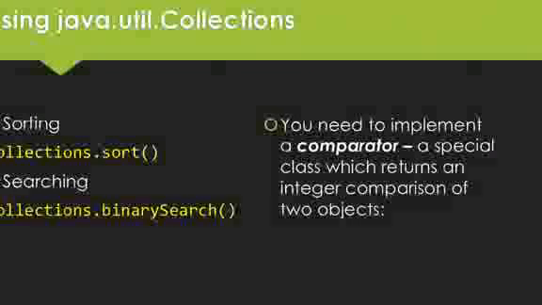When A equals B, the comparator should return a 0, and when A is bigger than B, the comparator should return a positive number. If you do that, you have implemented a comparator properly, and then the collections.sort and collections.binarySearch methods will know exactly how to sort your data. Again, I'll do an example and it'll make a heck of a lot more sense.